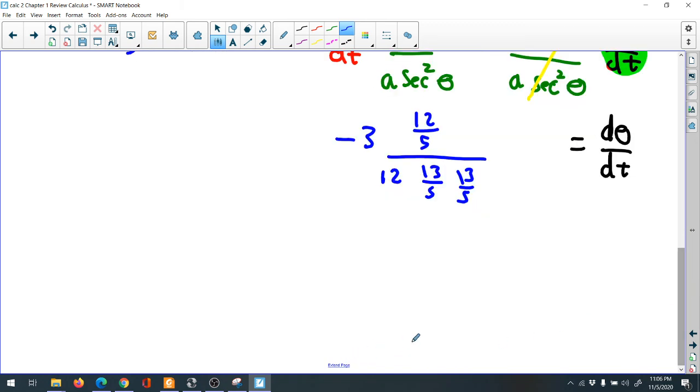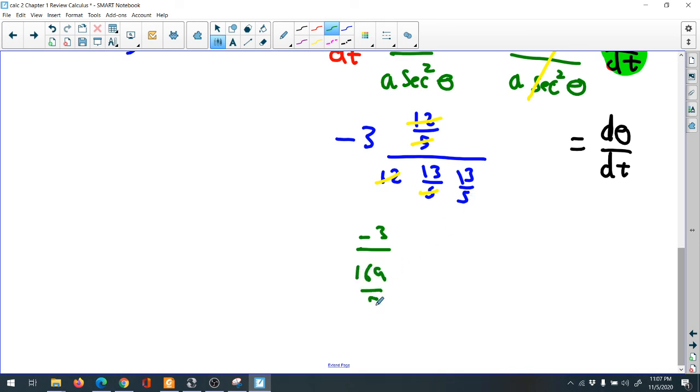Now let's simplify that. Cancel out 5 with 5, and cancel out 12 with 12. So what's left here? Negative 3 at the top, divided by 13 times 13 at the bottom, which is 169.